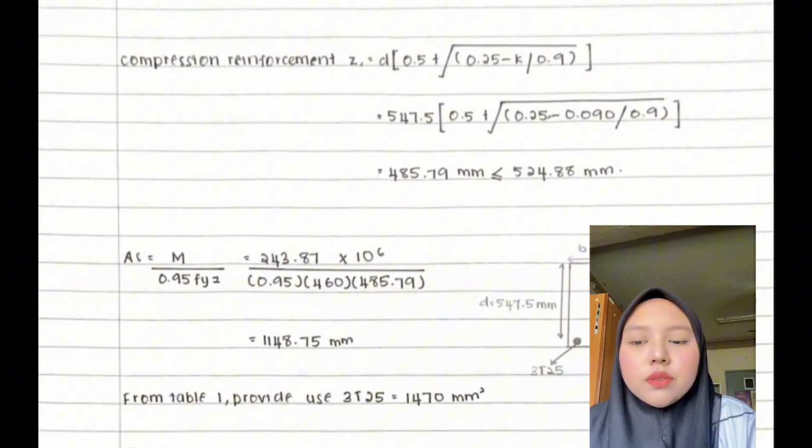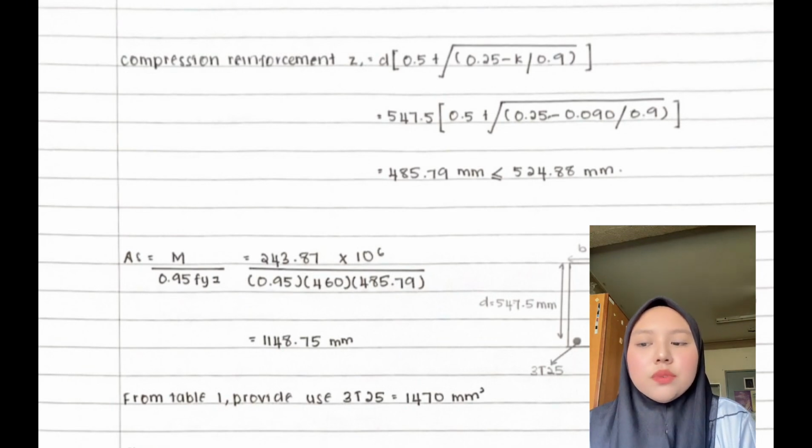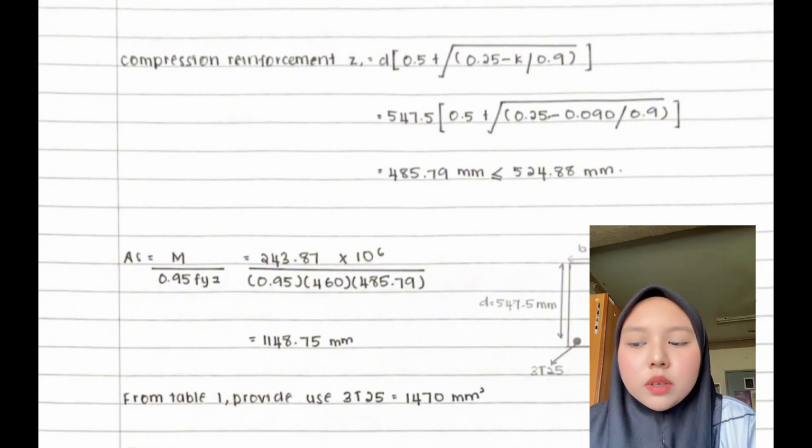So 547.5 in bracket 0.5 plus square root 0.25 minus 0.090 over 0.9. So the answer is 485.79 mm. So it's below 524.88 mm. For AS equal to M over 0.95 FY Z.